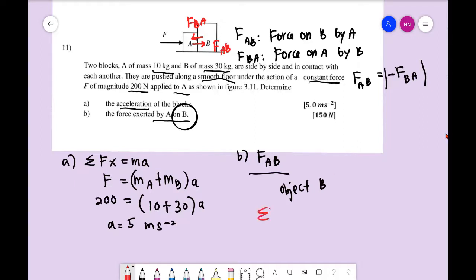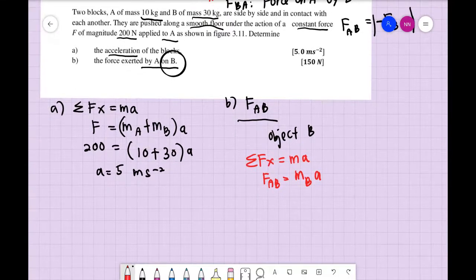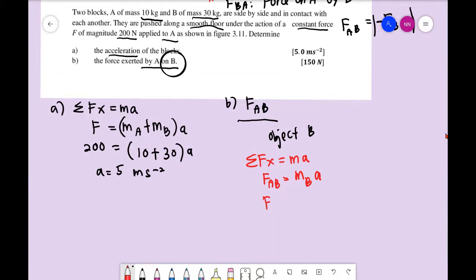So apply net force X equals MA. Only force on B by A equals mass of B times acceleration. So force on B by A, mass B is 30 and the acceleration is 5, so it equals 150 Newton.